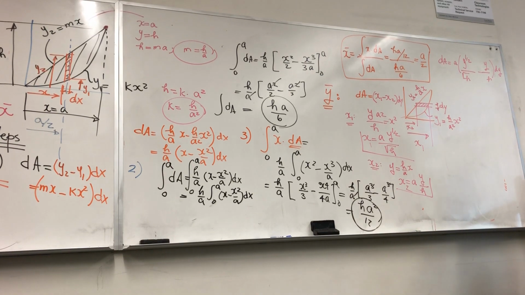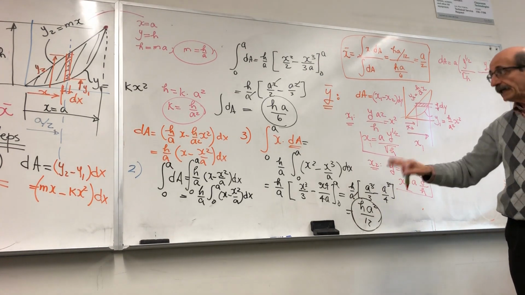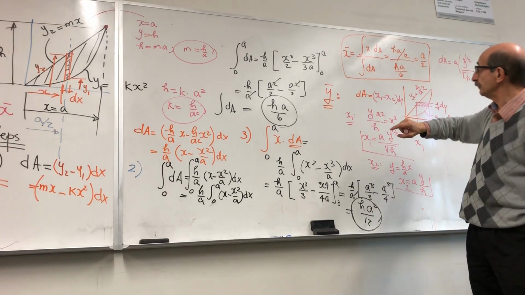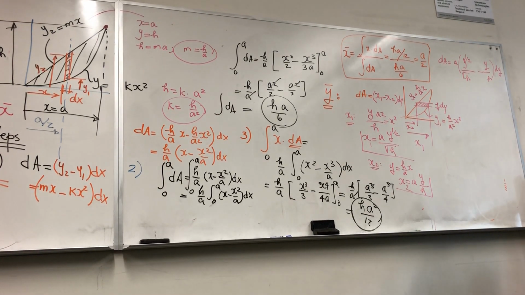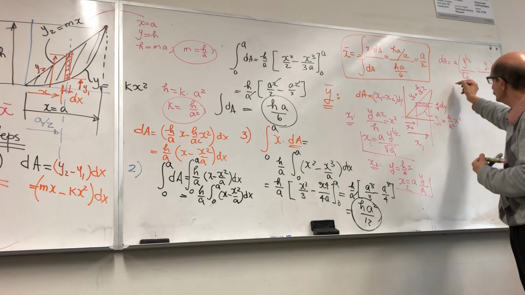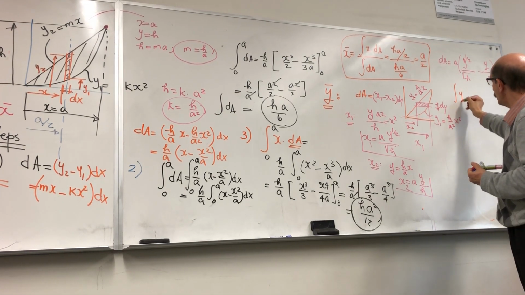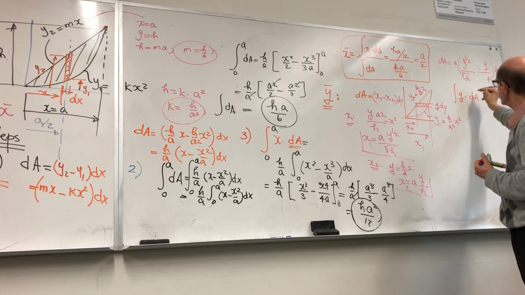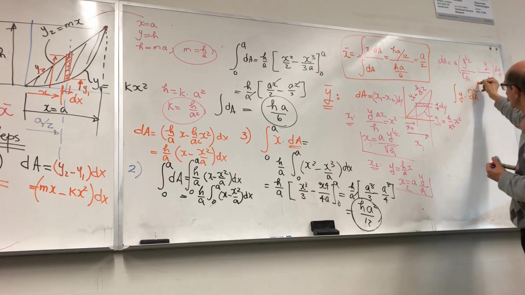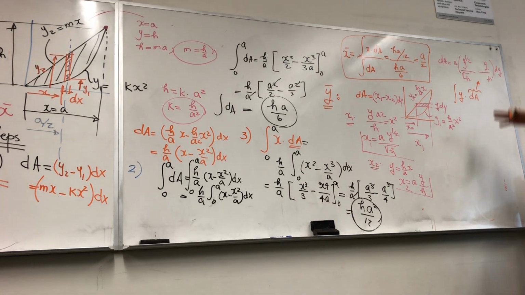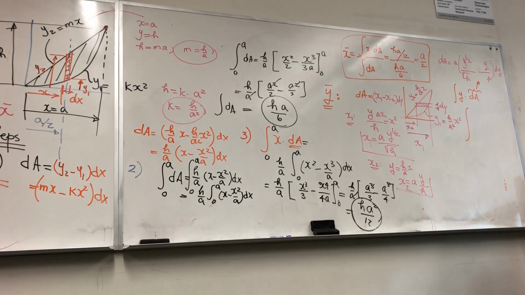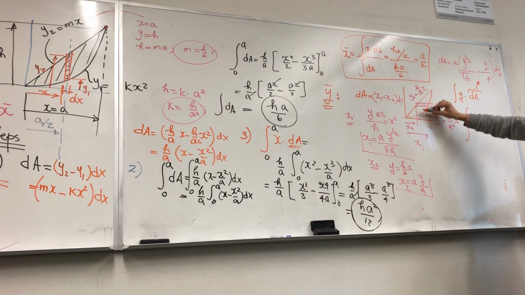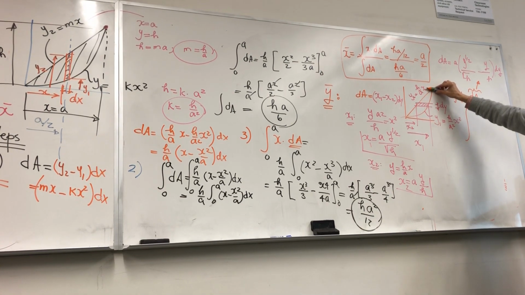This is dA for evaluating this integral, which is y dA. All I need is to evaluate y dA, dA being this. But dA now varies from here all the way to here, that is from 0 all the way to h.